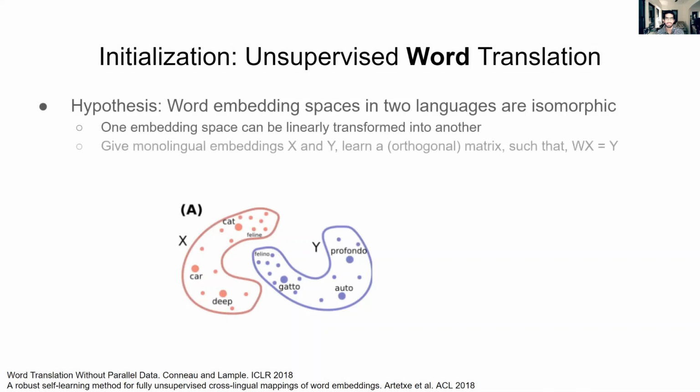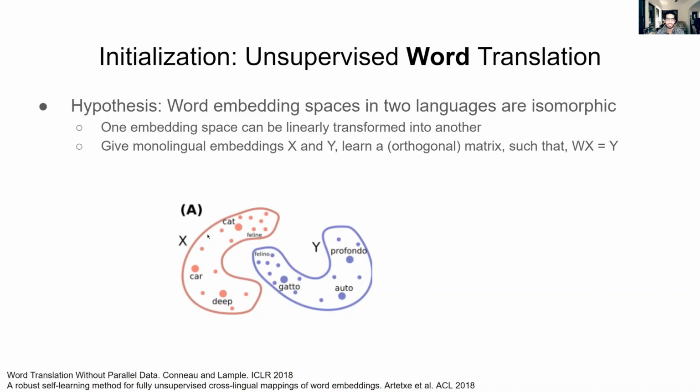As I said, you are given monolingual corpora in both the source and the target language. So first of all, you want to learn word embeddings in both languages. For example, if you have English and Italian as the two languages you want to translate from and into, you learn, for example, a word2vec or a fastText model for both of them.